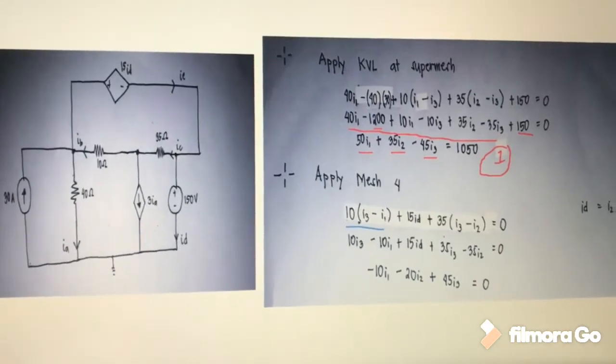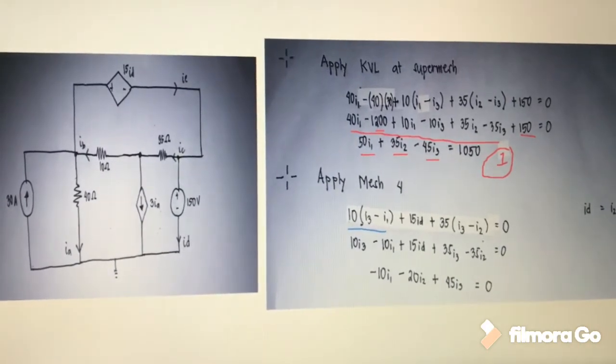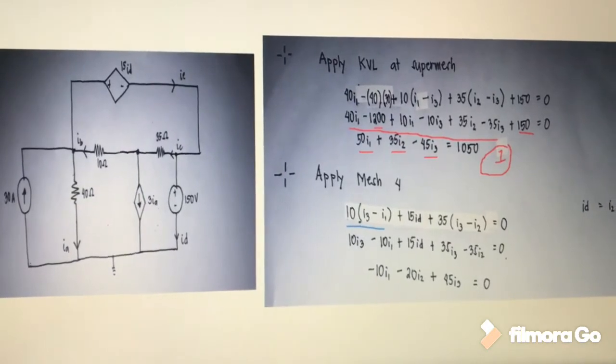And then 35 will be multiplied by I3 minus I2, so it will become 35 I3 minus 35 I2 equals to 0.